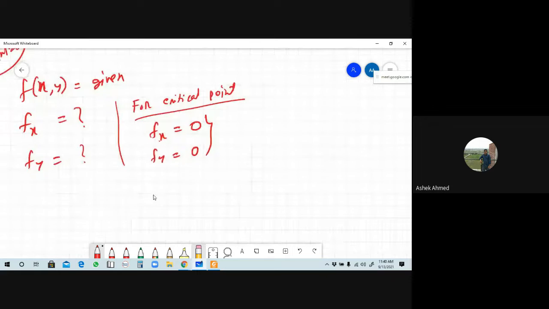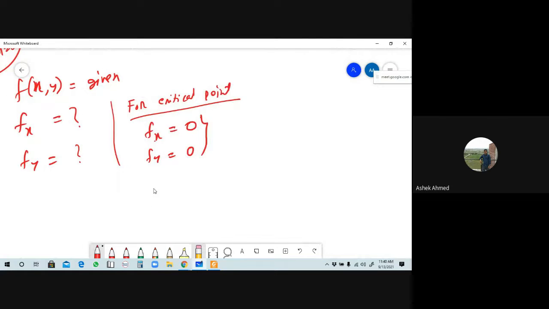Then if you solve these two equations, you can find the values of x and y. If the values are x naught and y naught, then that will be called the critical point.